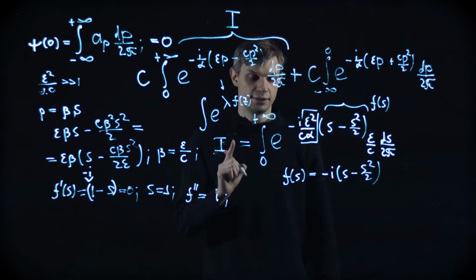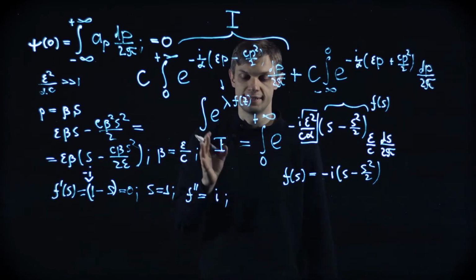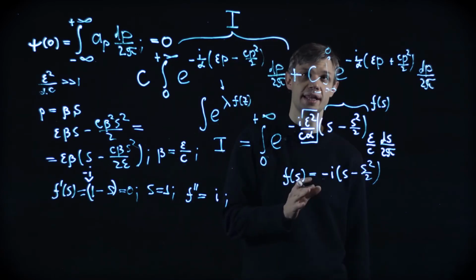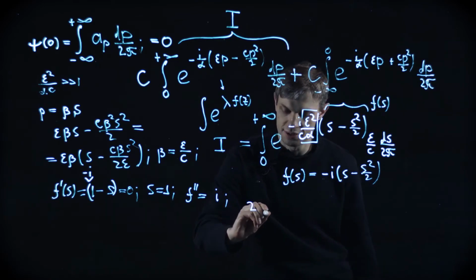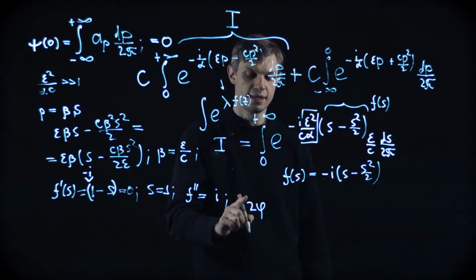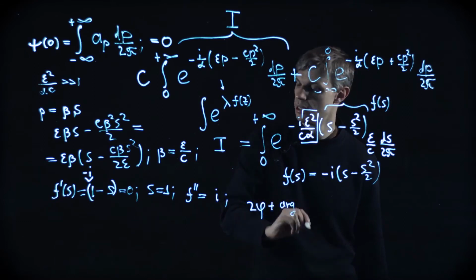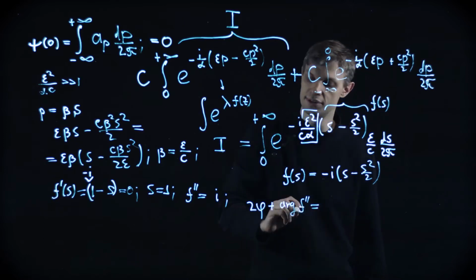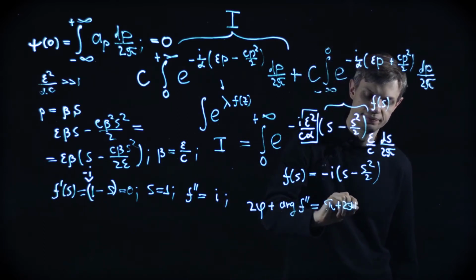Right. So now we write down the condition of the steepest descent path direction. As you remember, if our angle of the steepest descent, let's denote it as phi, then our steepest descent condition is 2 phi plus the argument of the second derivative should be equal to pi plus 2 pi n.